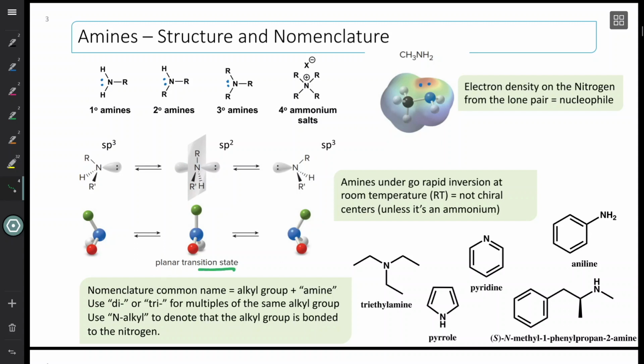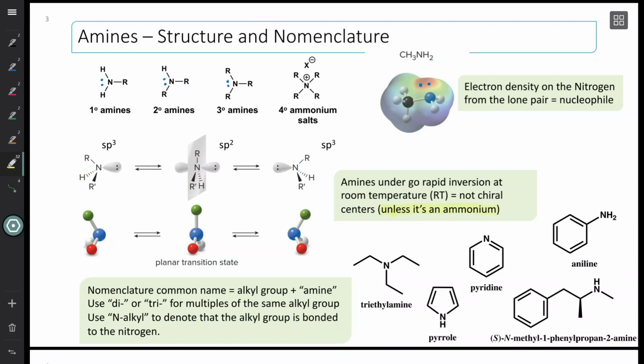And as they do that, they lose the stereochemistry that was here. Suddenly, the stereochemistry is flipped, and you're going back and forth. So that stereochemistry does not play into any of the reactions. So we don't consider an amine, even with different functional groups, to be a chiral center. This is not true if you're an ammonium, right?